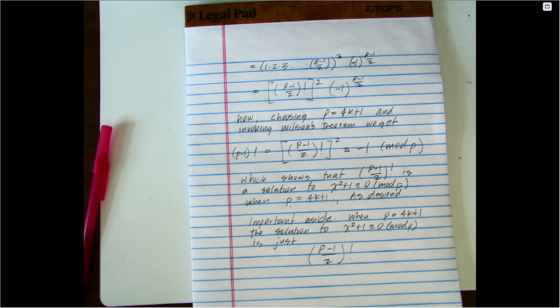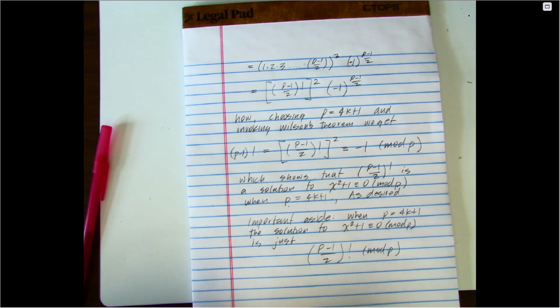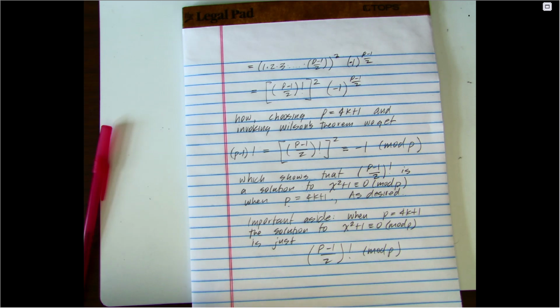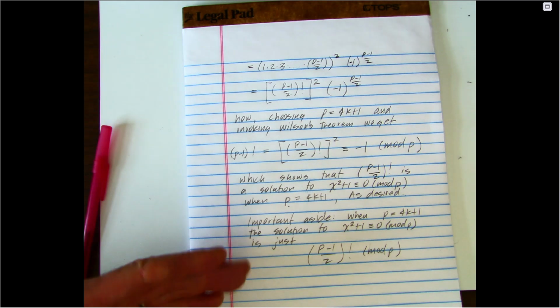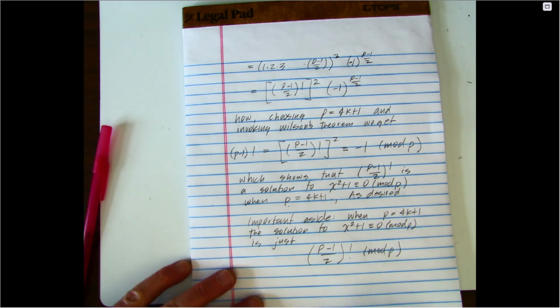And you probably want to do it mod p. So this is one thing that's not included in the statement of the theorem, but is constructed in its proof, and that is that this is the number that's a solution.